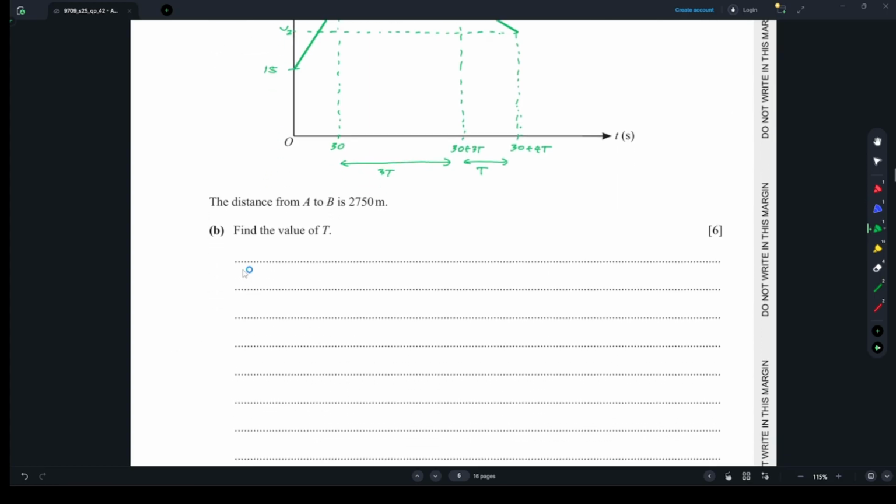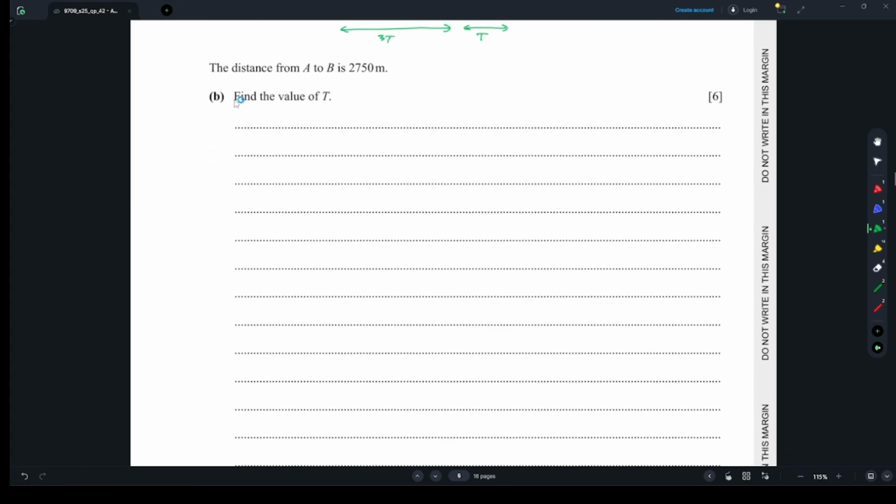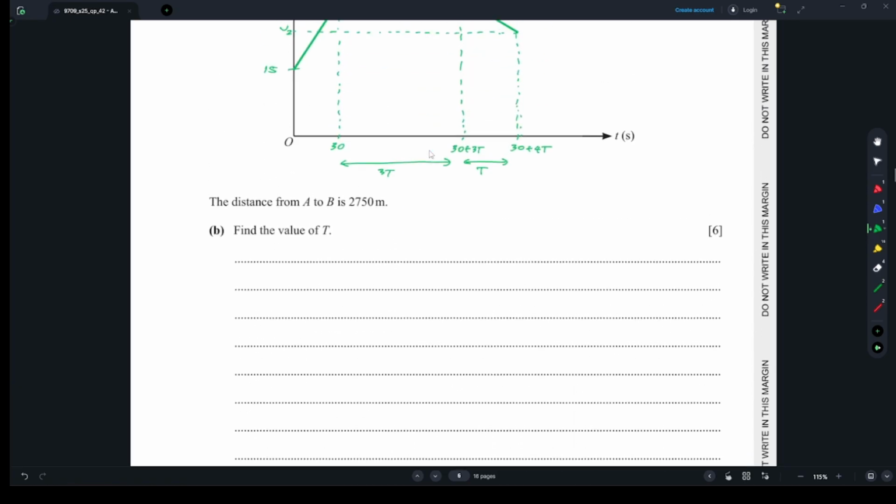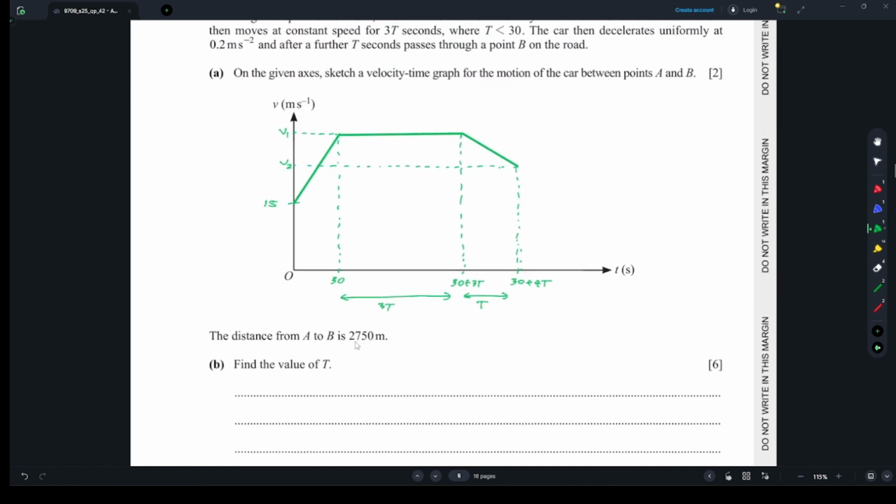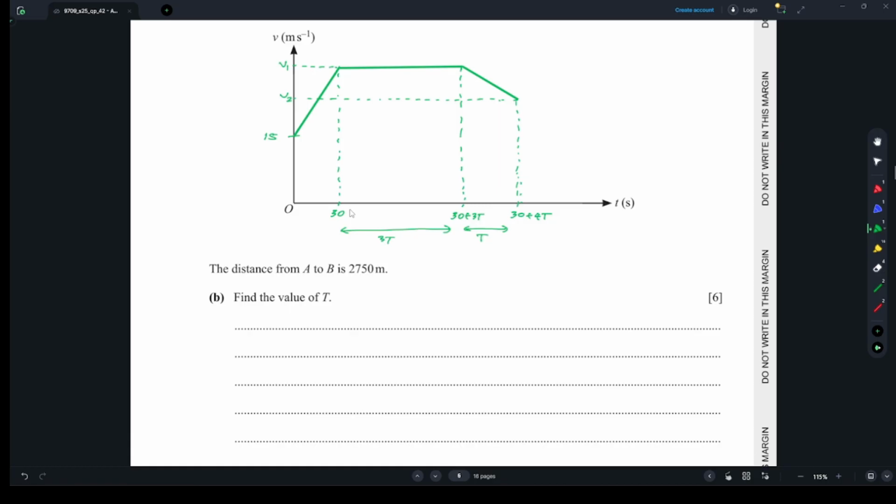And then the next part, they say that the distance from A to B is 2750. Find the value of t. They gave you the total distance from A to B. In a velocity time graph, the area under the graph gives you the distance traveled, so we have to use that concept.